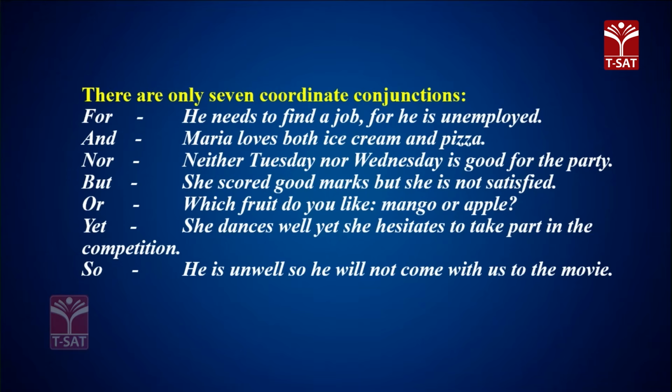Now, there are 7 coordinate conjunctions. In the earlier sessions, when we were discussing parts of speech, I told you to remember a word called fanboys. If you remember the word fanboys, you will be able to remember these 7 coordinate conjunctions very easily. What are those?